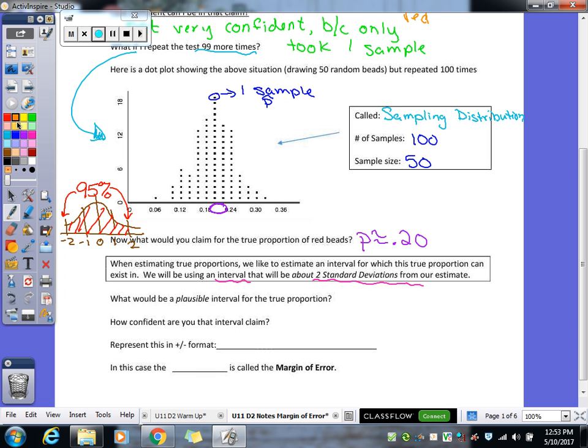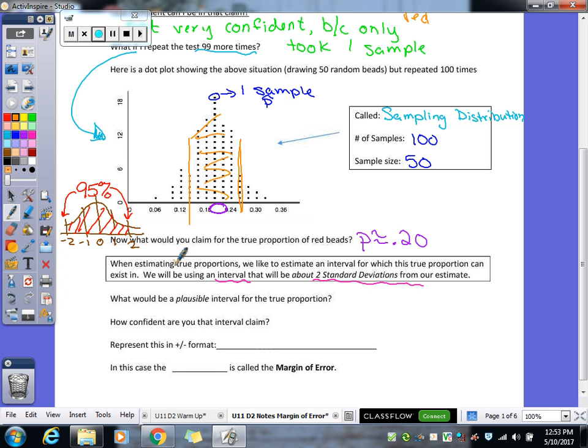So we want to figure out where 95% of our data is going to fall within this graph. I think 95% is kind of from here to here. Wouldn't you agree about 95% of our dots are in between those? We're looking for the majority here.